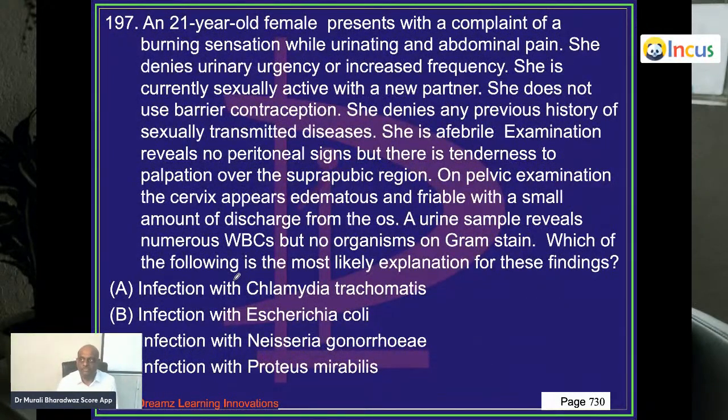A 21-year-old with a burning sensation while urinating, no peritoneal signs, but suprapubic tenderness is there. Urine sample is showing a lot of WBCs. So basically, burning sensation is more a feature if the urethra is involved. If cystitis is there, most of the time suprapubic tenderness is the presentation.